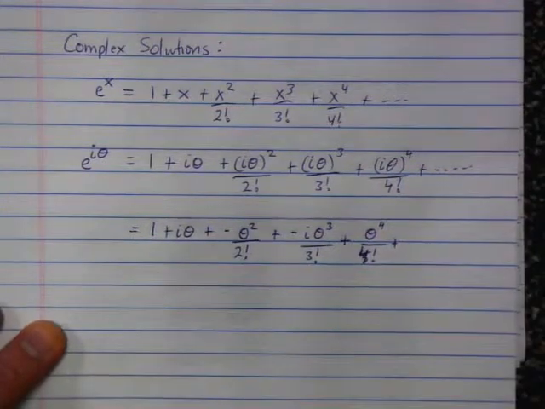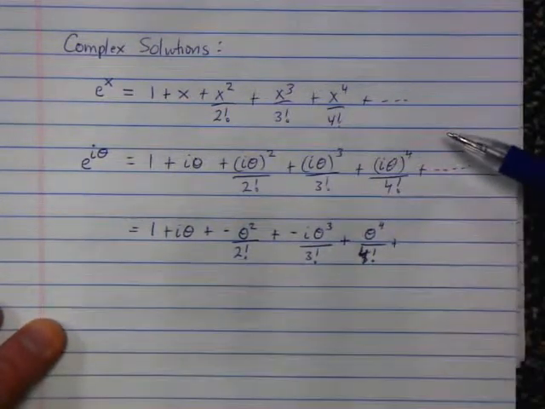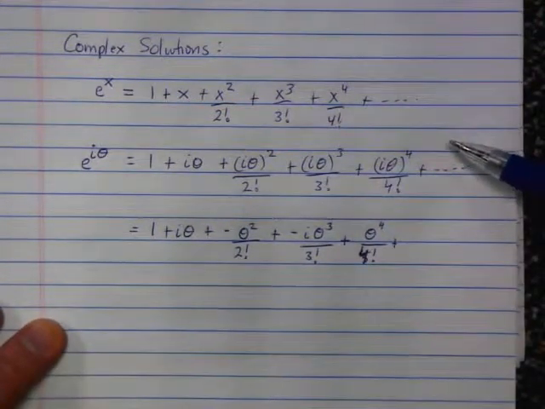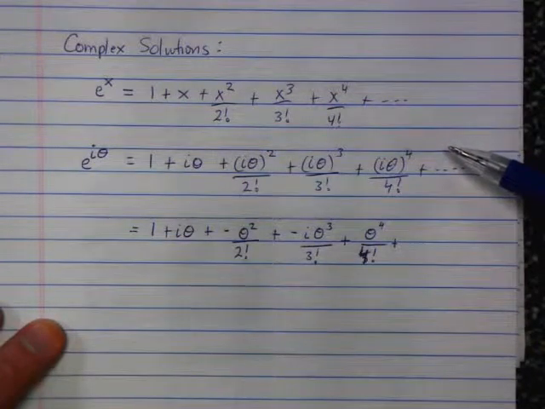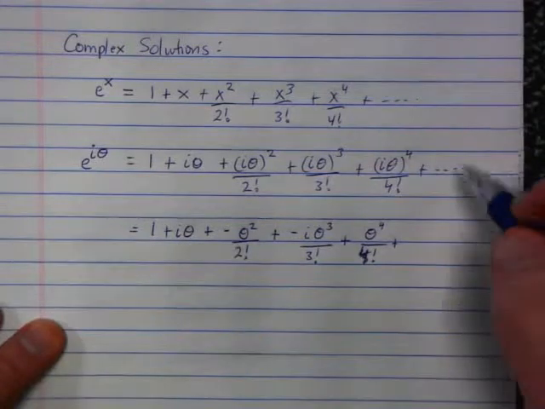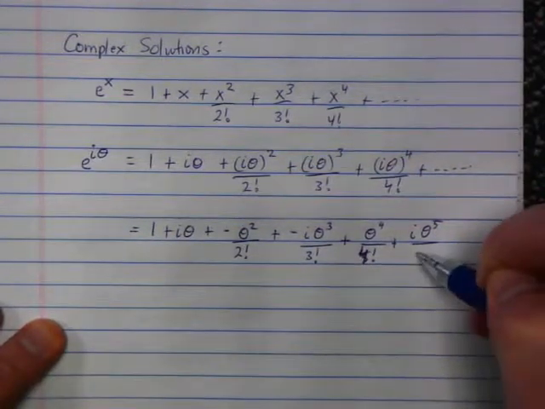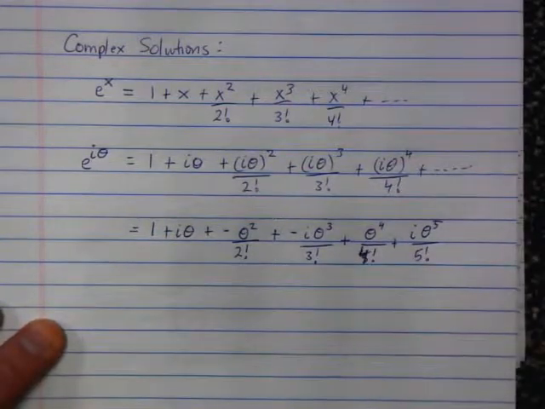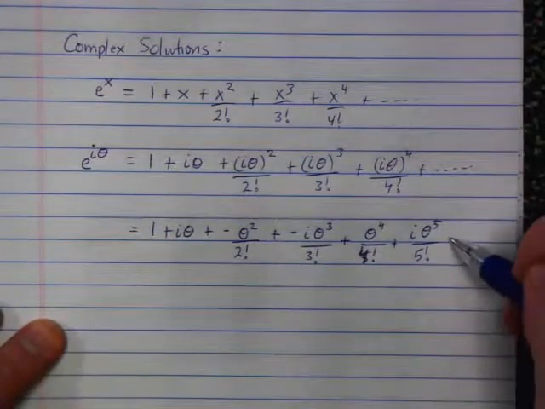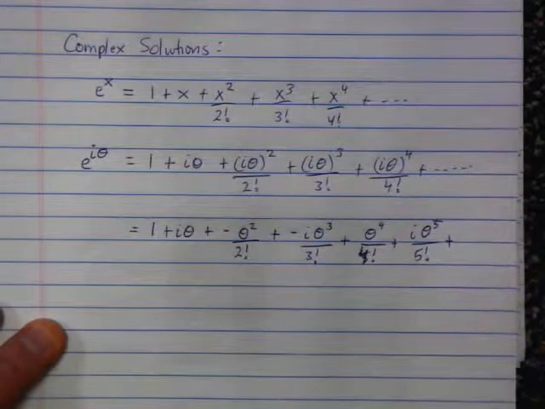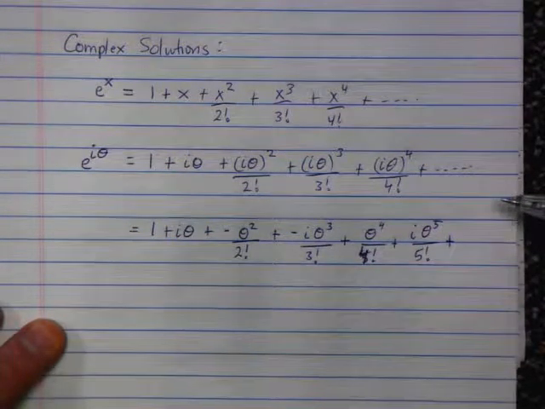Plus, what happens when you take i to the 5th? It becomes i to the 1st, doesn't it? Because i to the 5th is i times i to the 4th, and we just said i to the 4th is 1. So that becomes i theta to the 5th over 5 factorial. What's the next one? What's i to the 6th? It's negative 1.